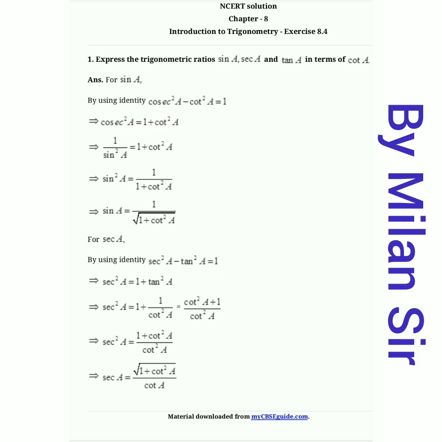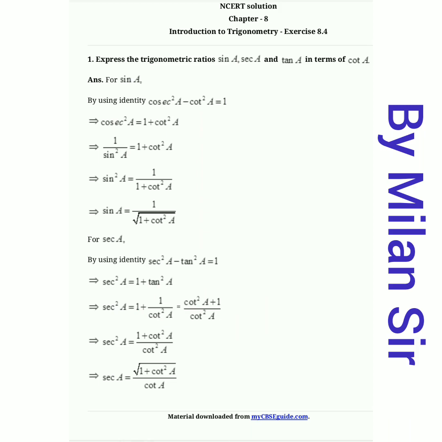So use this identity: sec square A is equal to 1 plus tan square A. Then in place of tan square A, write its inverse, that means 1 upon cot square A. So now take the LCM. So cot square A multiplied by 1 is cot square A, and here plus 1 as it is. And in the denominator cot square A is our LCM.